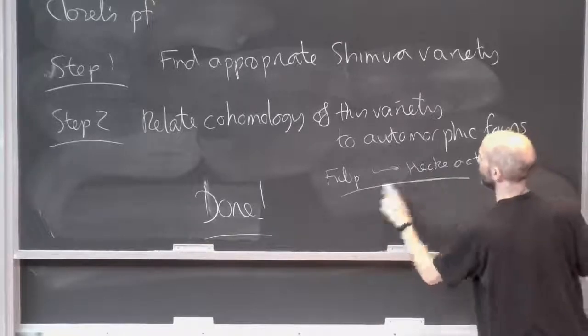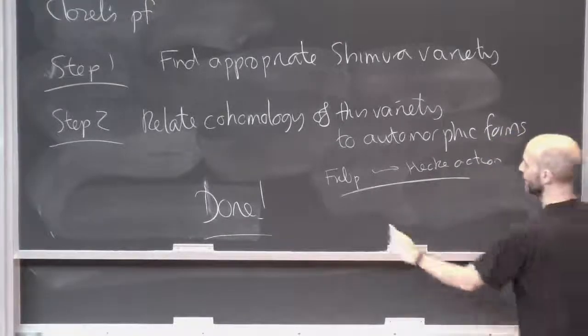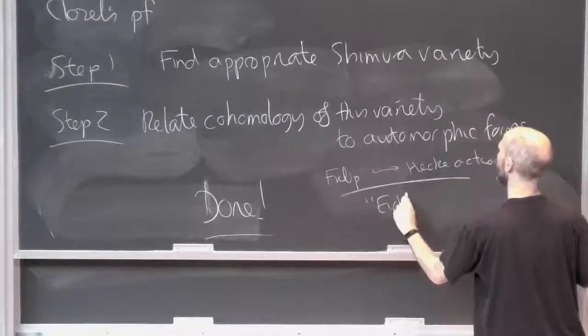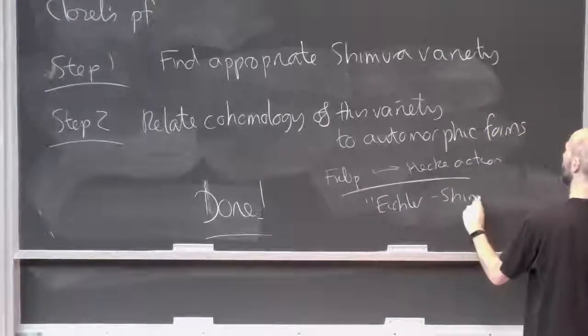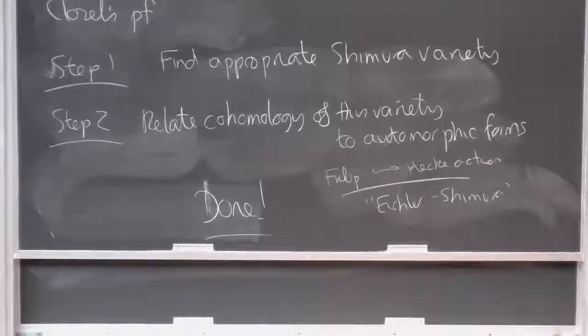And there's something that needs to be understood here, and this goes under the name of Eichler-Shimura. There's some Eichler-Shimura relation telling us that Frobenius is related to Hecke. That's what Clozel's proof looks like.